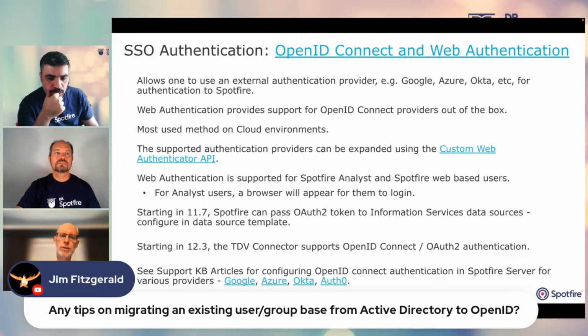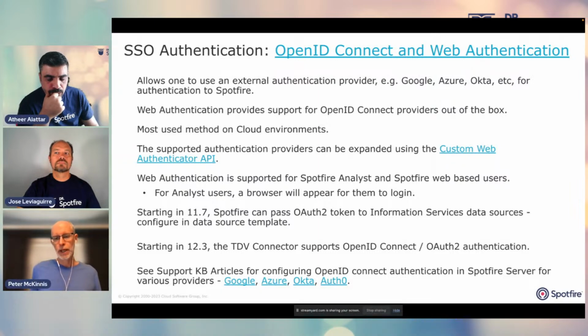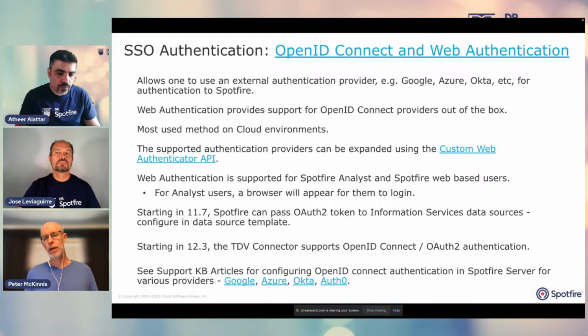Some people have Azure AD, which is a little different from on-premise Active Directory. But you can, so that's one way to do it. The key thing is making sure that your user groups match what you've had previously. I think that's the critical thing.